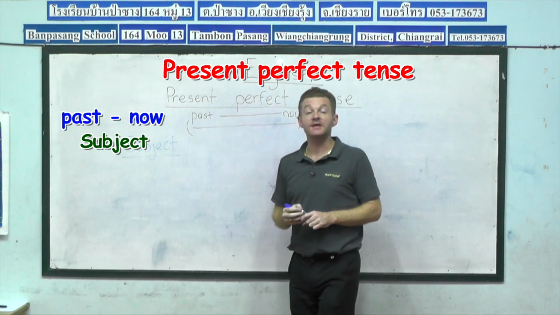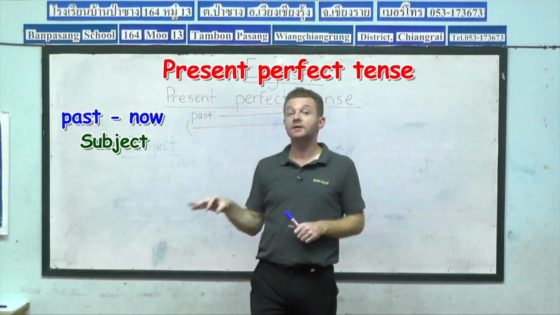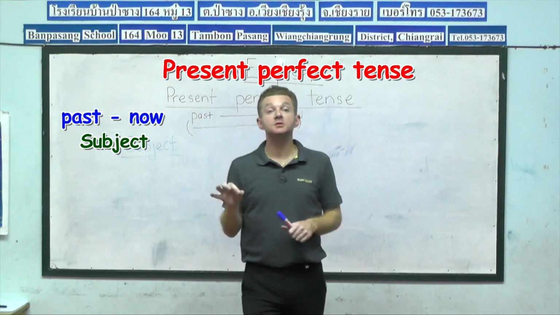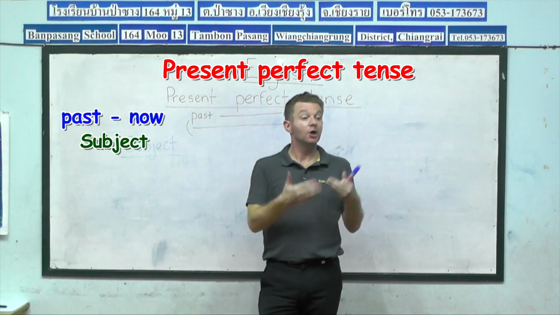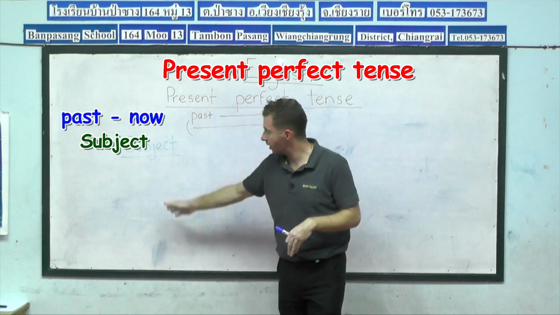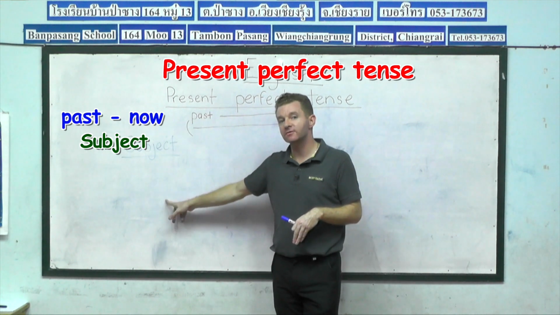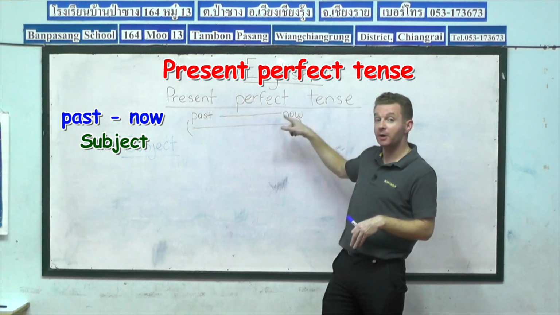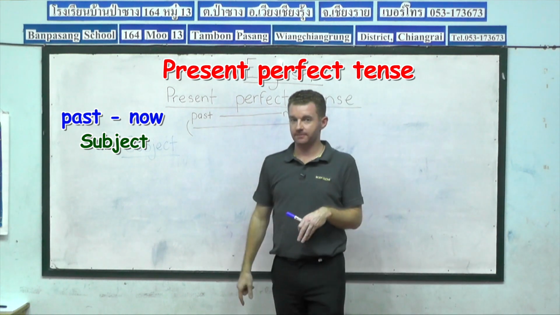And the subject is the person or people that we are talking about, such as I, you, we, they. The first word that we always use with affirmative sentences in the present perfect tense is the subject.